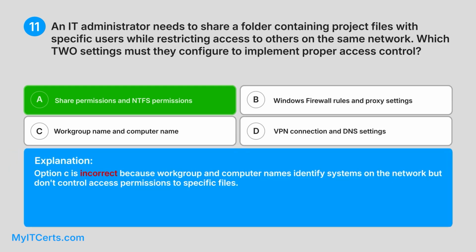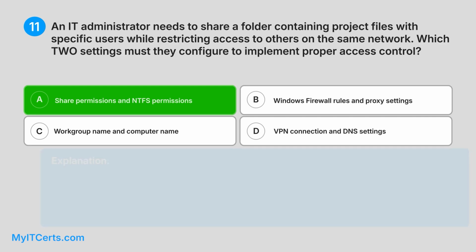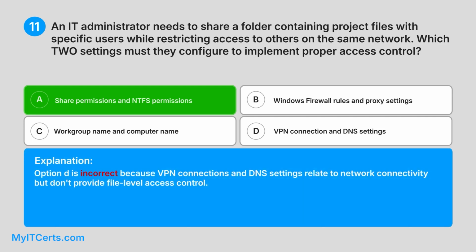Option C, workgroup name and computer name, is incorrect because they identify systems on the network, but don't control access permissions to specific files. Option D, VPN connection and DNS settings, is incorrect because they relate to network connectivity, but don't provide file-level access control.